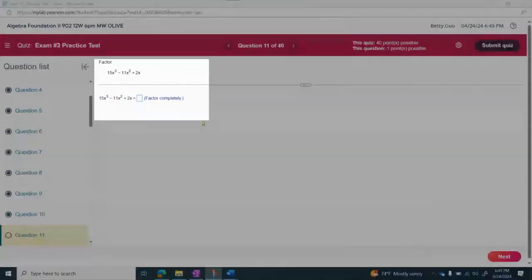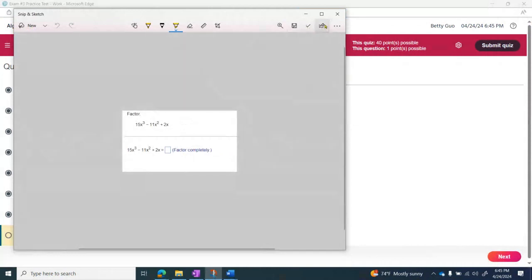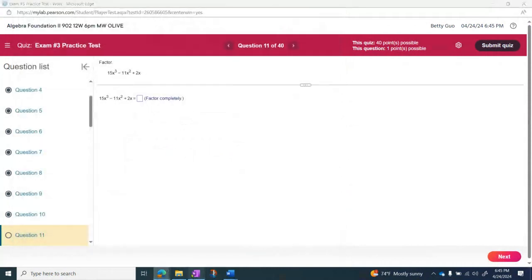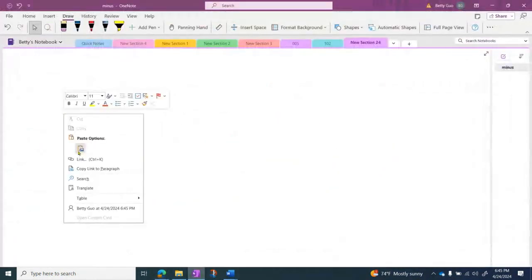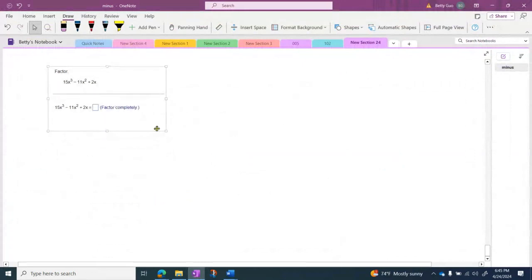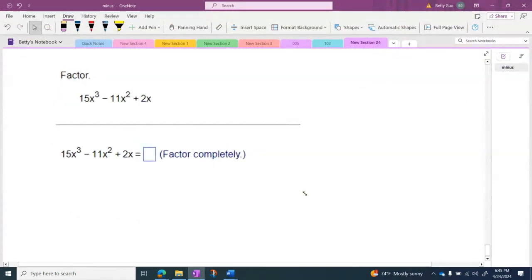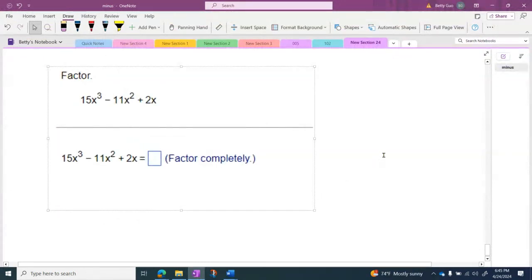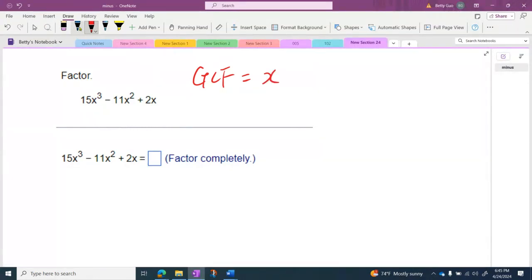Factor. It doesn't say anything, right? Then how do we factor this one? If it doesn't say to use the formula, then you do not use the formula, okay? This one, find the GCF first. The GCF is x. So let's factor x out.